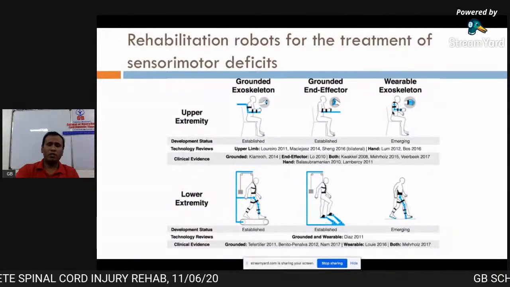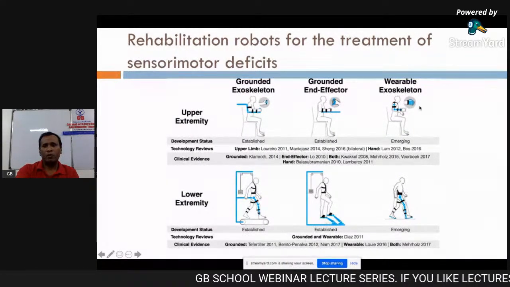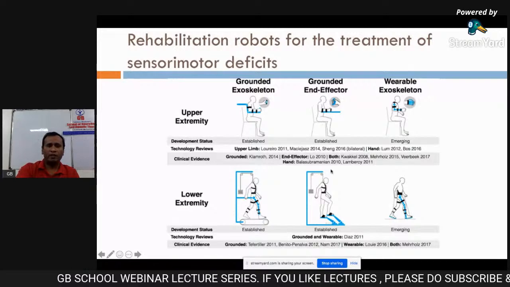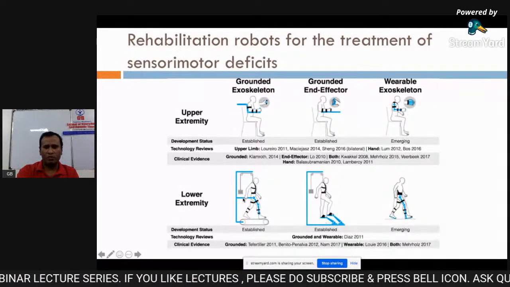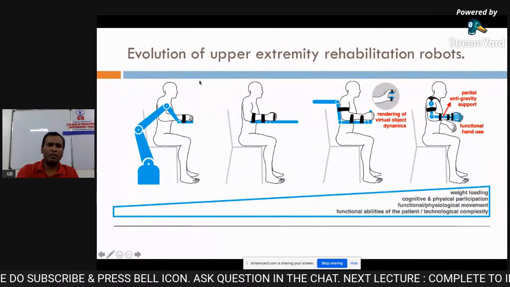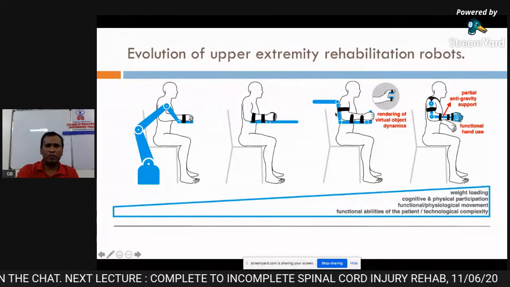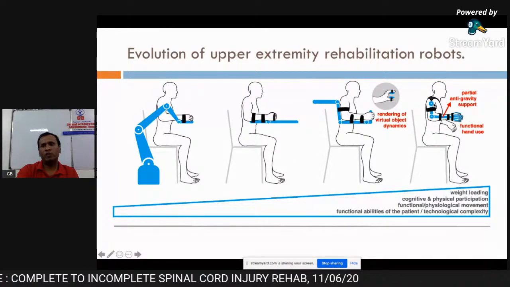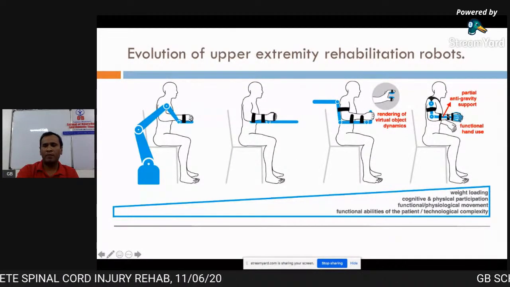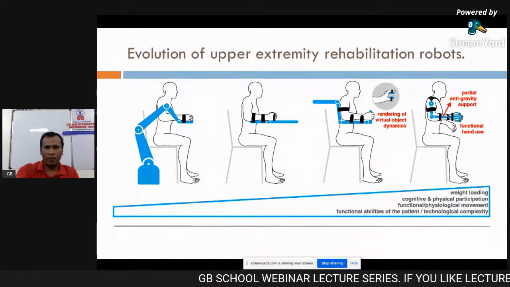Nowadays robotics is developing very fast. There are a lot of upper limb assisted robotics which are getting changed, and there are lower limb guided robotics as well. This is how the evolution of robotics happened. There was a big emphasis on robotic arms in the beginning, and then this kept on changing to exoskeleton types of robotics which can be moved with the hand, and the person doesn't have to be fixed to one single point.